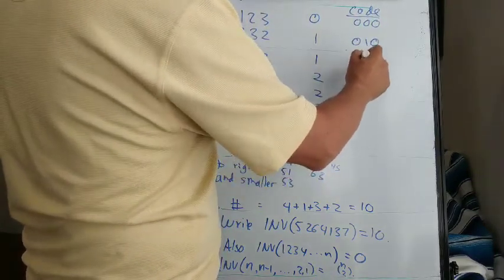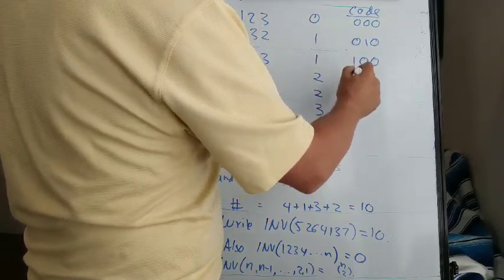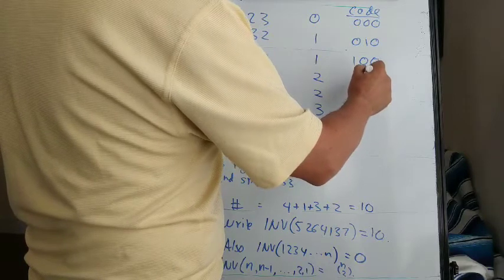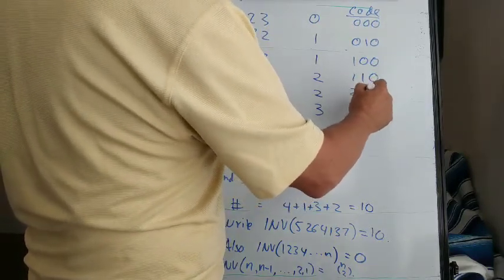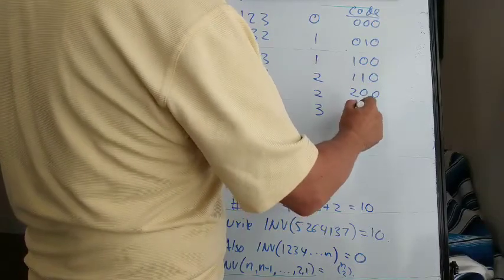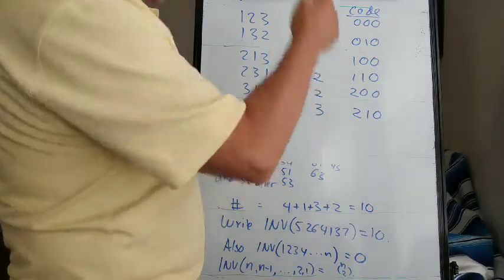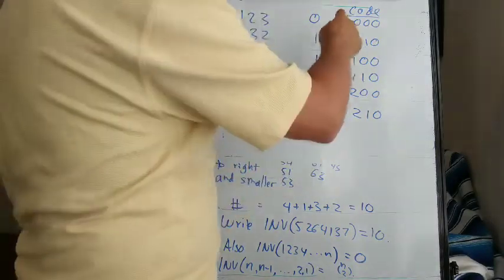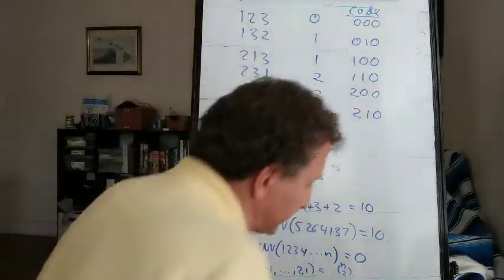Here the code is 1, 0, 0. Here the code is 1, 1, 0. Here the code is 2, 0, 0. And here the code is 2, 1, 0. I think we talked about code before. So the components of the code add up to the number of inversions.